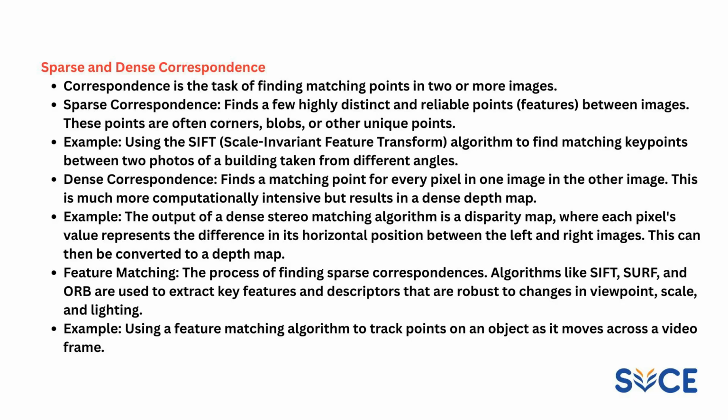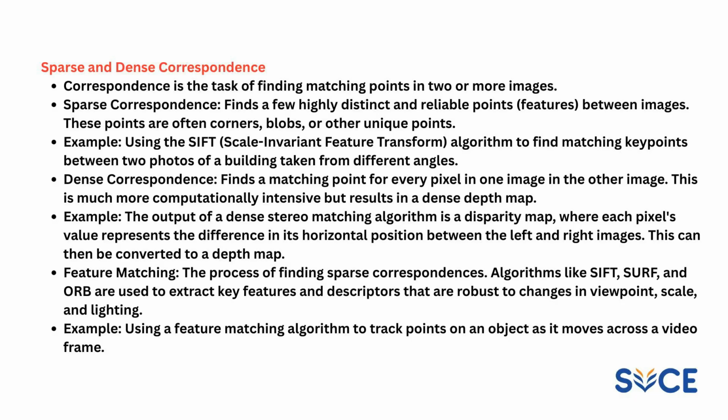It's a bit like the difference between a road map showing only the major cities, sparse, versus a detailed GPS map with every street and alley, dense. So this is all about the differences.